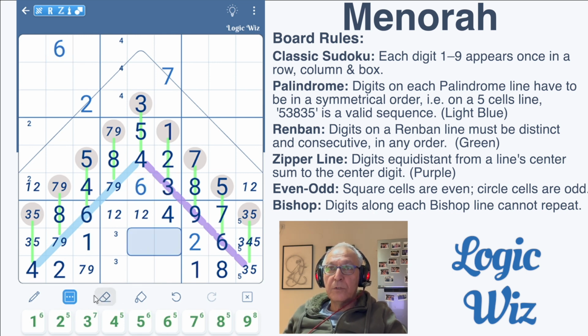Here I should not center them, I should corner them. Three and 5.